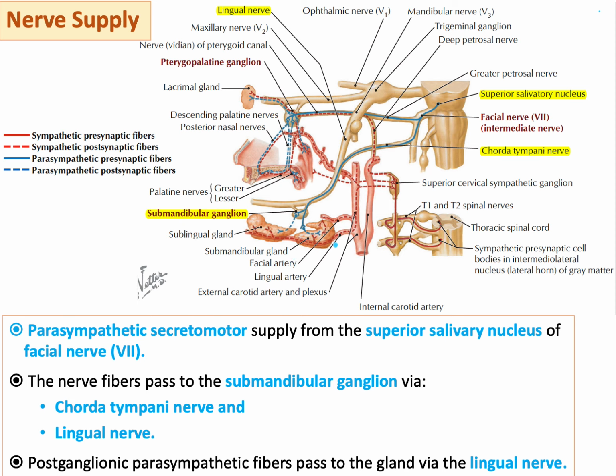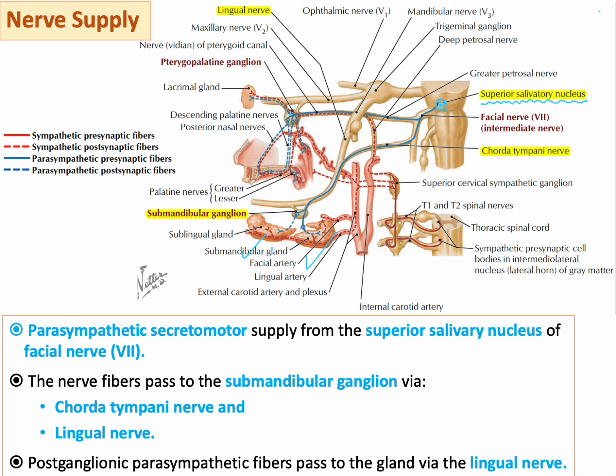For today I will talk about the nerve supply of the submandibular and sublingual salivary glands. For secretion you need a parasympathetic effect, parasympathetic stimulation. It starts from the brainstem, where there is a facial nerve nucleus known as the superior salivatory nucleus.